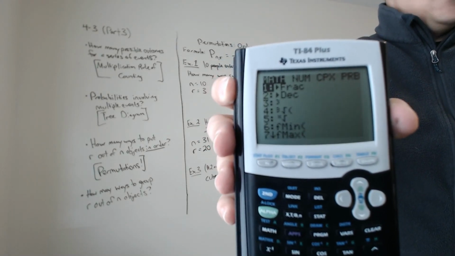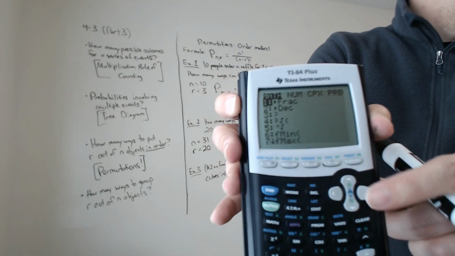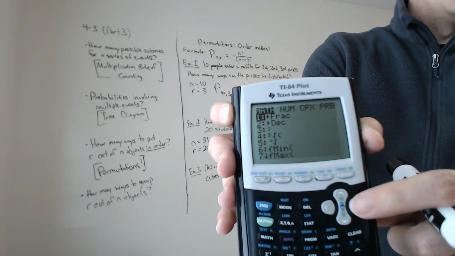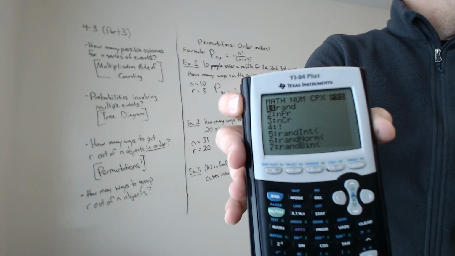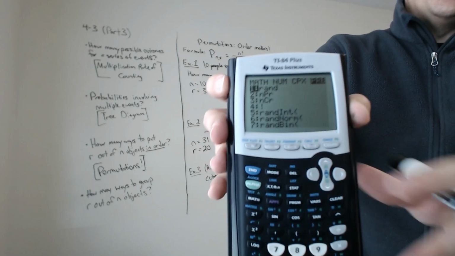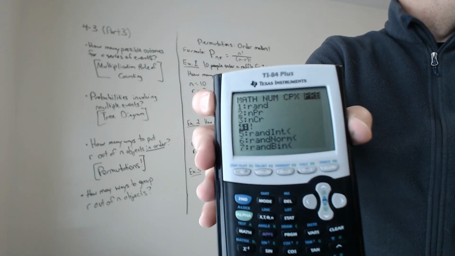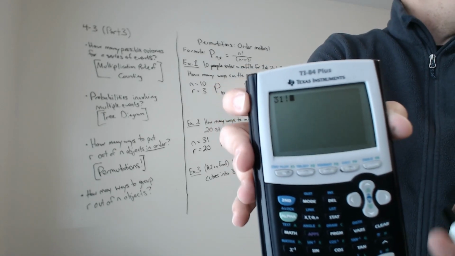And you get this list. You don't want this list. You want to go over to PRB here at the top. PRB stands for probability. And you'll get this, and you are looking for that number 4. Factorial. So hit enter there, and you get 31 factorial.